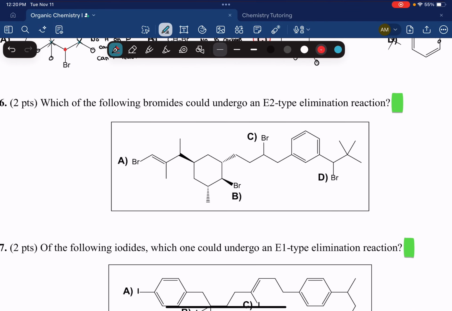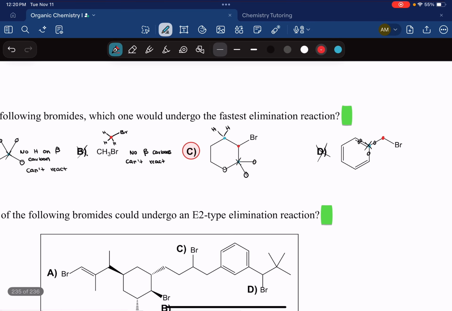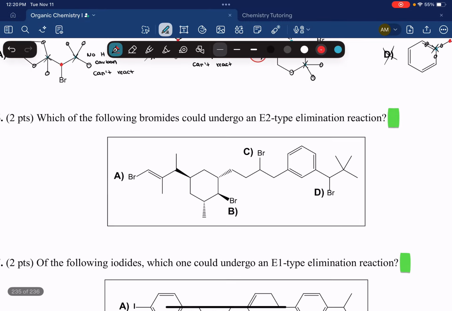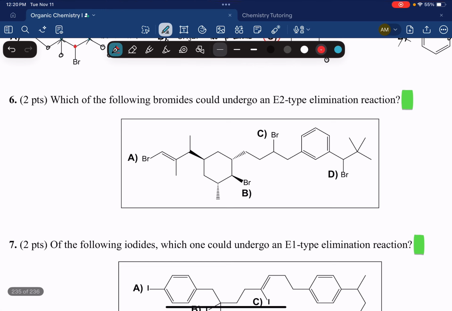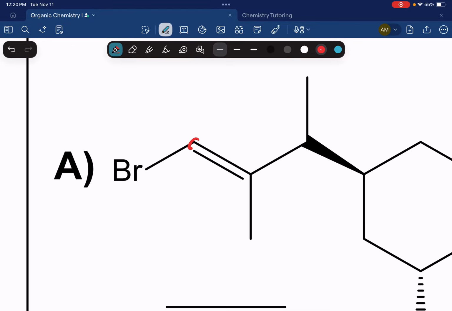Okay. Oh, wait, let's check. C. Okay, good. Which of the following bromides could undergo an E2 type elimination reaction? Okay, so let's look at them again. This one, this is the alpha carbon. Technically, it's connected to the bromine. It already has a double bond.